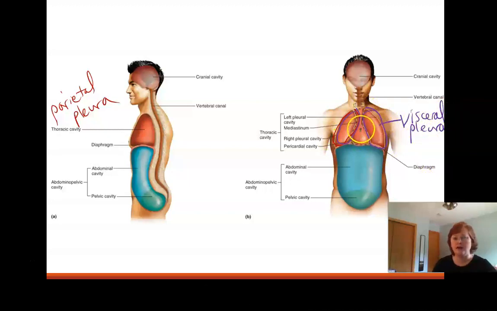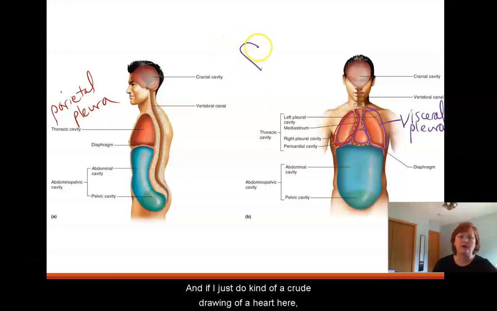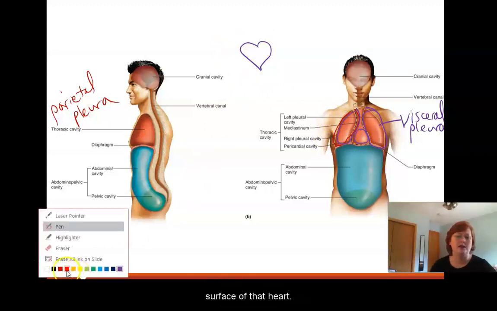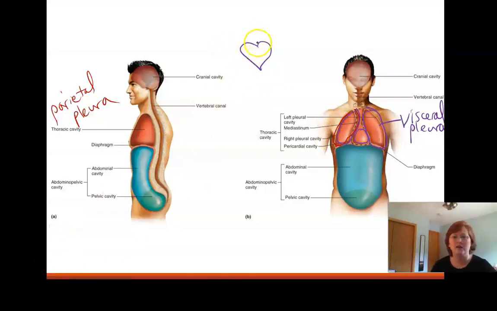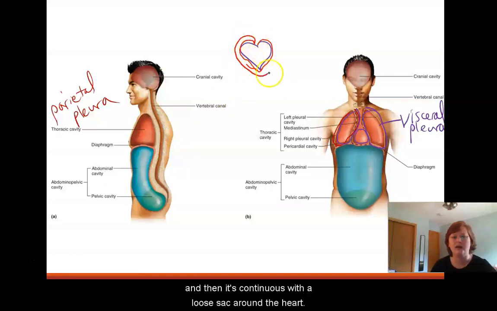My heart is located right in here, and if I just do a crude drawing of a heart here, there's going to be a membrane tight to the surface of that heart. So imagine that that's right on the surface. And then it's continuous with a loose sac around the heart.